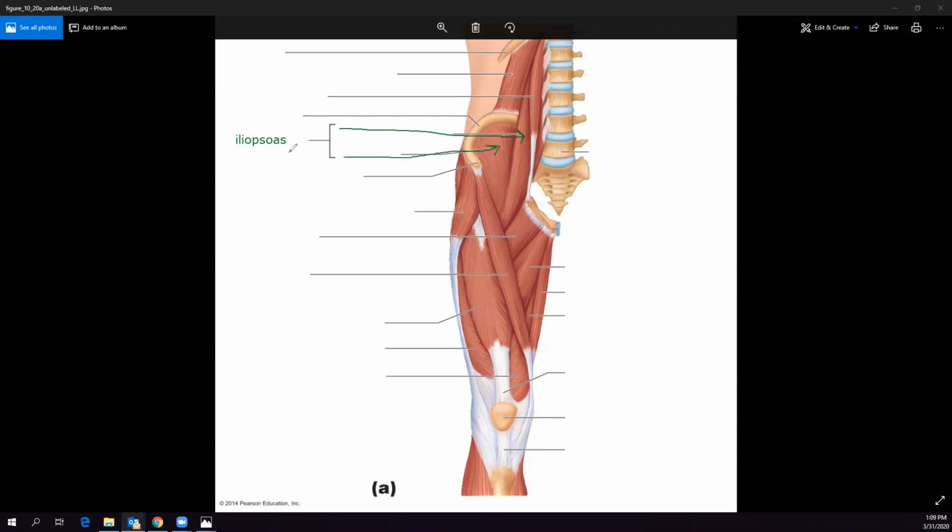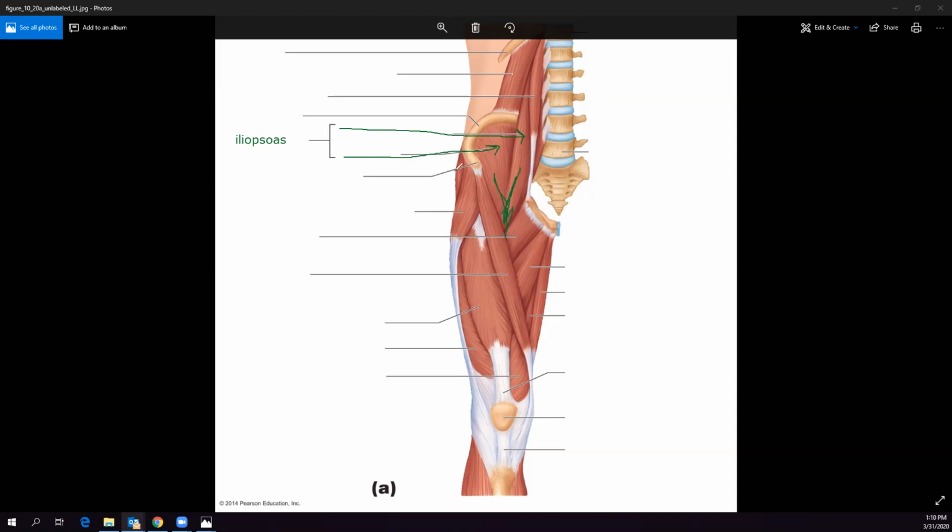But you don't need to know the 2. So just together, this group right here, so they're going to come together right here. And then as the muscle goes out, your hip flexor right here, that's going to flex your, bring your femur up. Okay, so that's the iliopsoas right there.